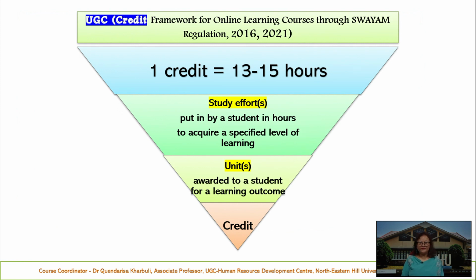So now that you have understood what is a credit and how to calculate a credit, let us go into the next slide where we will calculate that 40% requirement of credits through the online courses.